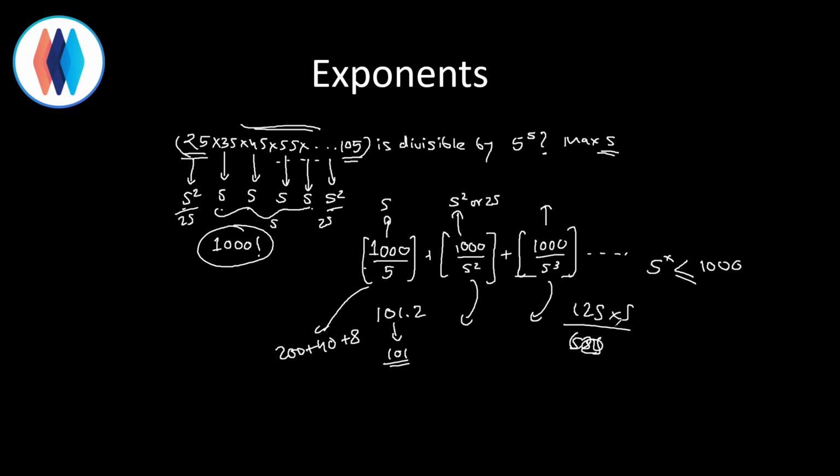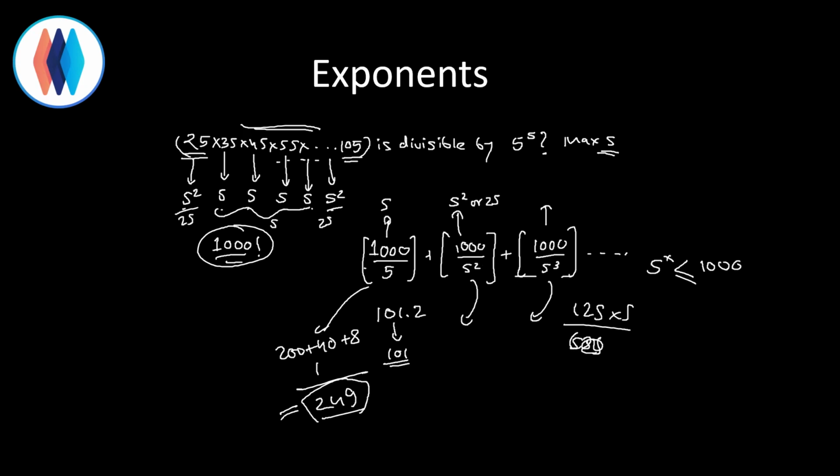So you might get 1 from there, and that's it. So in total there are 249 factors of 5 that you can extract from 1,000 factorial. So if instead of this expression we had 1,000 factorial, the maximum value of s that was feasible would have been 249.